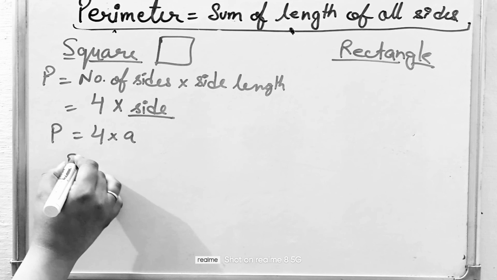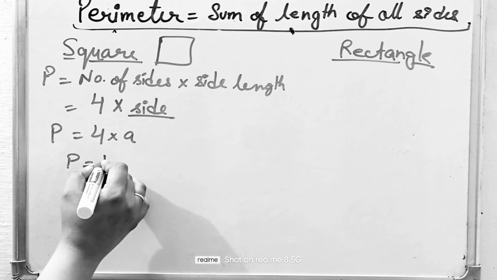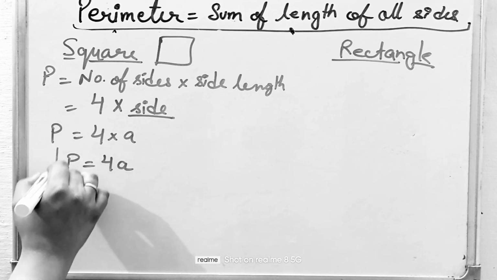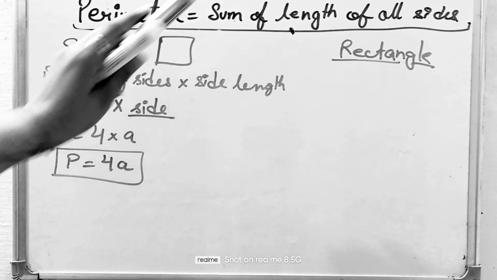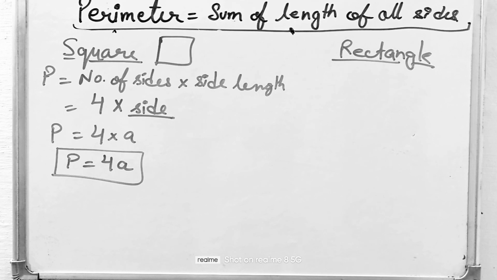So this formula becomes perimeter of square is equal to 4A. So this is the formula for square. You can remember it, or you can find the perimeter of a square just by the concept of this general formula. It doesn't matter. Whichever you feel easier, you can use that.